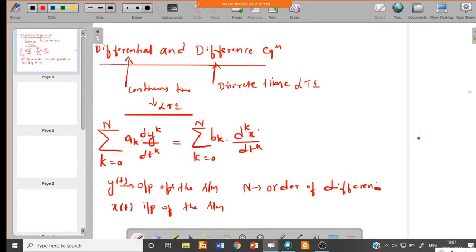So there are two types of responses in the differential equation for the continuous time case: natural response and forced response.